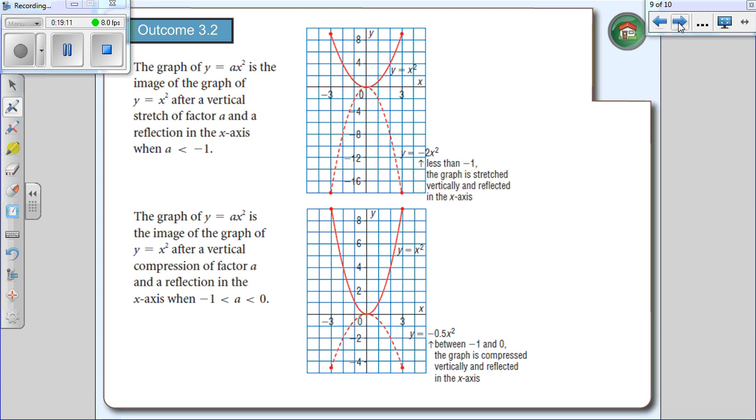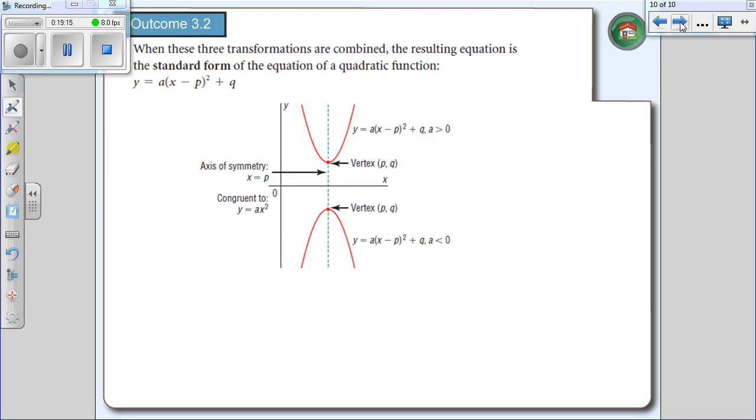This slide has our entire formula together, right here. I'm not going to give you that on the test. I'm just going to expect you to know it.